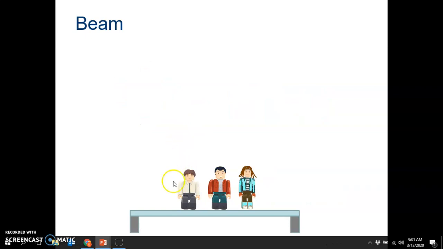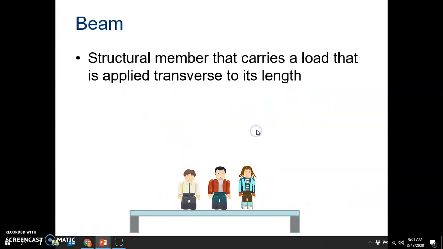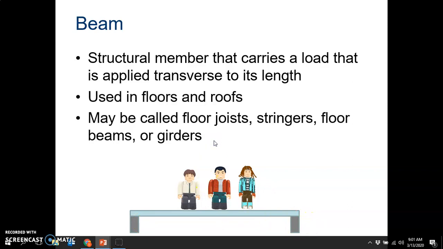So we have a beam going across. It's a structural member that carries load. So the people are standing right here. The load is transferred some to this side and some to that side. These are the supports of the beam over here, if you're following my cursor. They could be called joists, beams, girders.